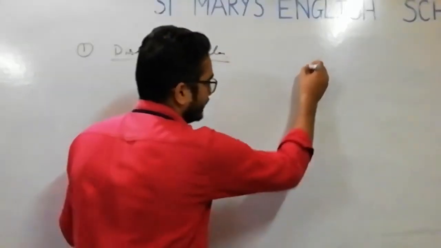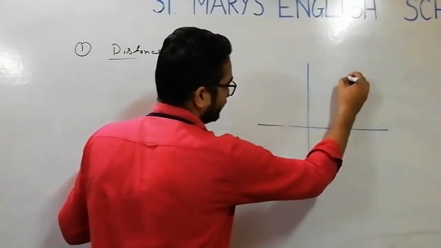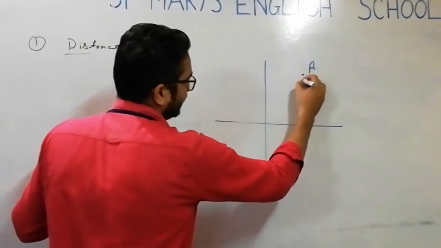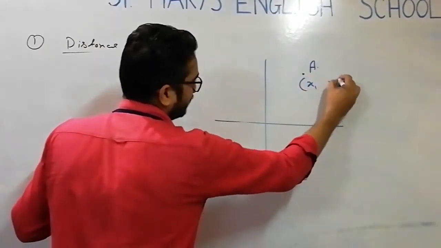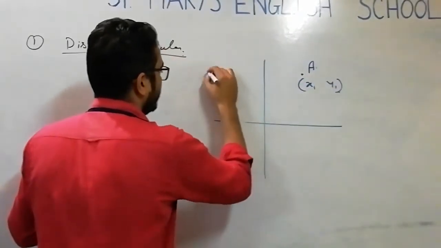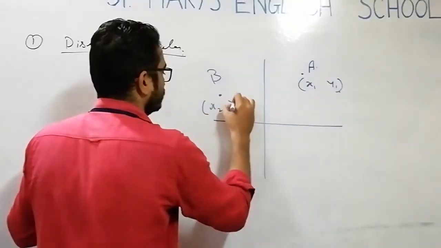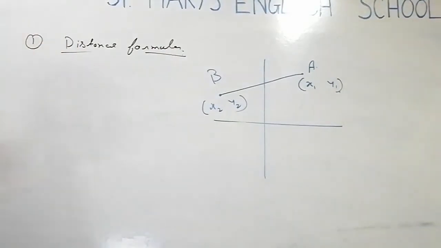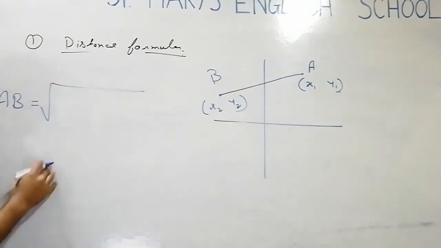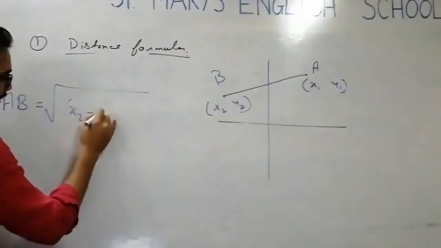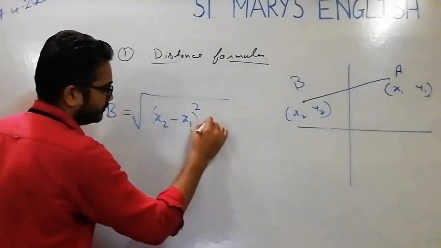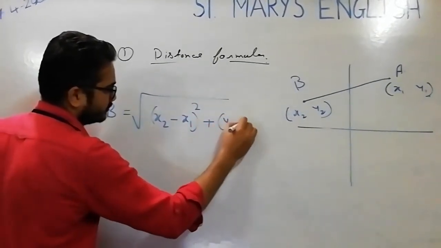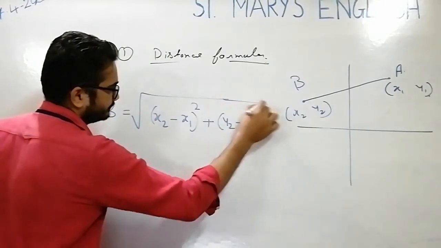Suppose we have a point A with coordinates x1, y1, and a point B with coordinates x2, y2, and we want to find the distance between A and B. The formula for that will be AB is equal to the square root of (x2 minus x1) square plus (y2 minus y1) square.